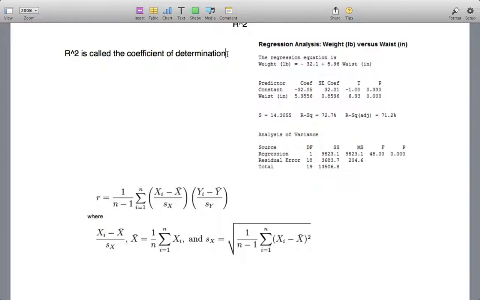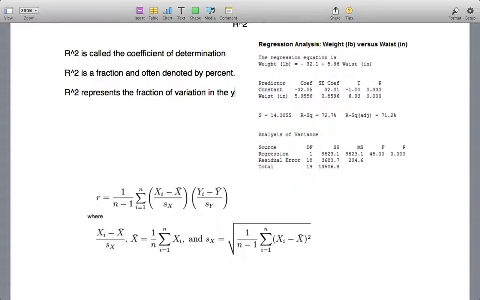Lastly, it's helpful here to just note again that R squared is a fraction and often denoted by percent, and R squared represents the fraction of variation in the y or response that is explained by regression of y on x.